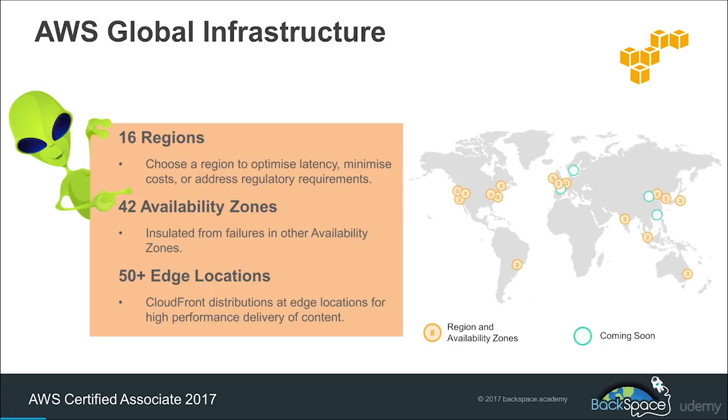We also have 50 or well over 50 edge locations, and they are for the CloudFront service. Now, what CloudFront is, it's a caching service for Amazon Web Services, and it gets your regularly used content in a CloudFront distribution and it locates it specifically at these edge locations.